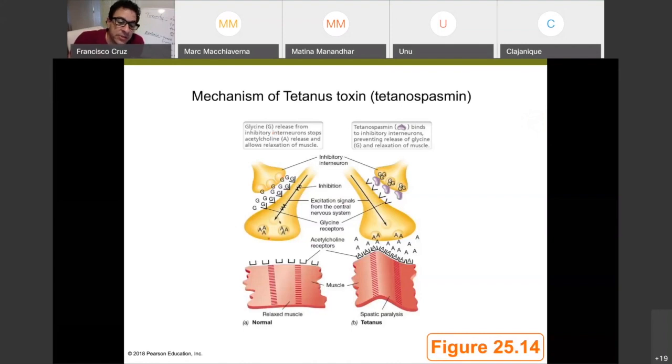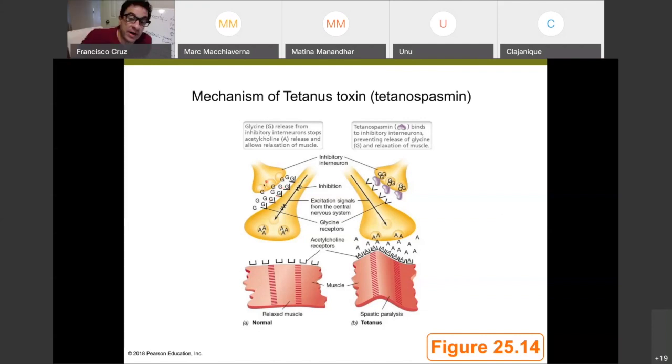So this is the normal motor neuron, right? And then you have this inhibitory interneuron. When it's time for this muscle to relax, so I'm flexing my bicep, now the tricep has to relax, the inhibitory interneuron will release glycine that binds to the motor neuron. This glycine binding tells the motor neuron to stop producing acetylcholine, and this relaxes the muscle.